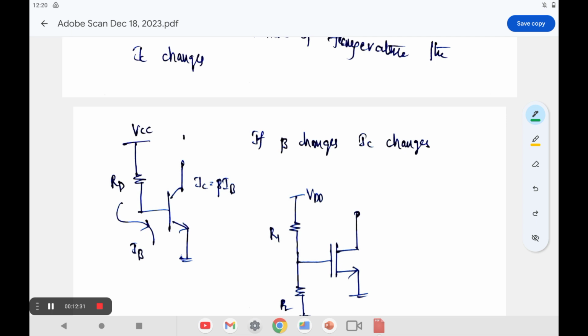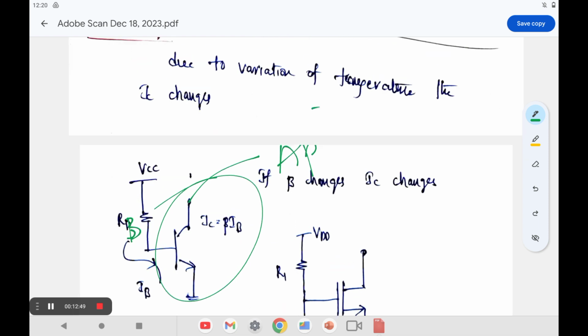In case of the transistor, maybe RD, or RB, the base resistor, and take this collector current. Here the bubble represents a connection to the application circuit. The bubble is connected to the application circuit.